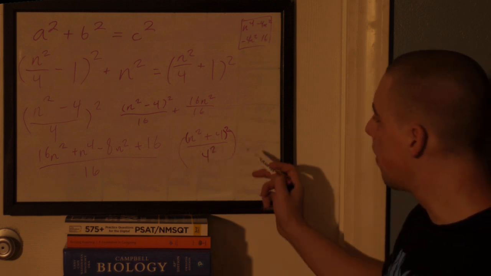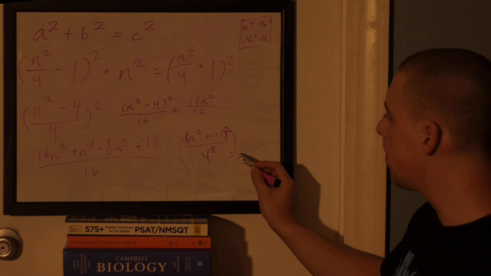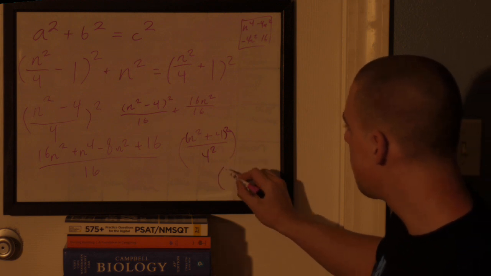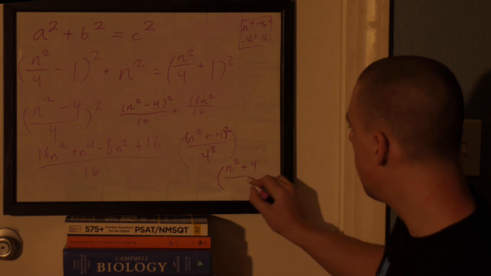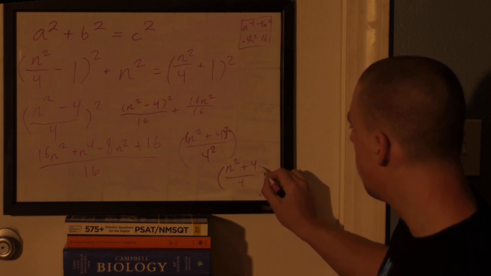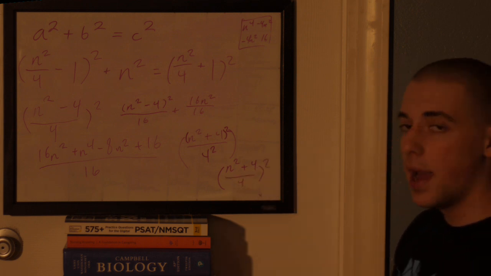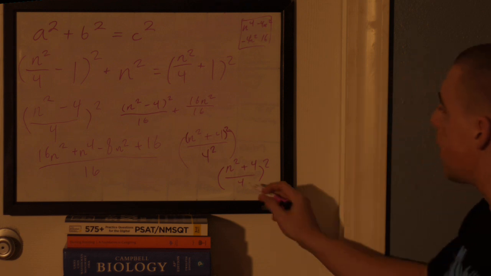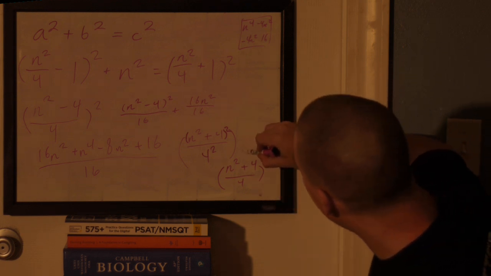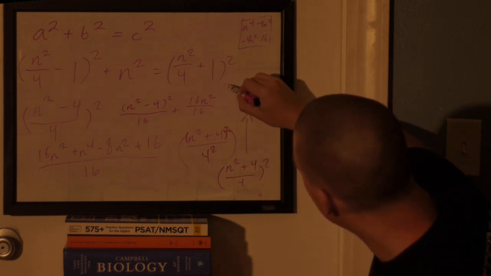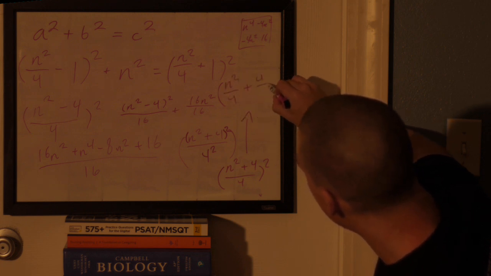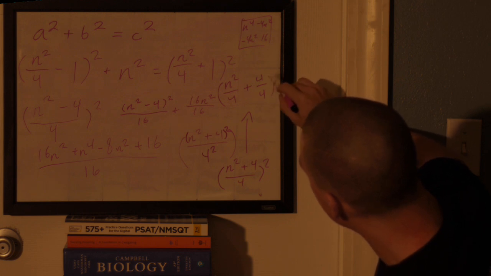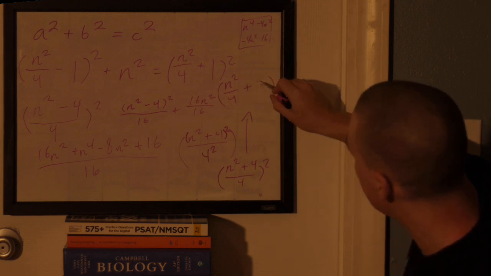And then just like before, since we have a square on the top and a square on the bottom, we can pull the square out. (n squared + 4) over 4 squared. And then we can take this fraction and split it up into n squared over 4 plus 4 over 4, which turns into 1.